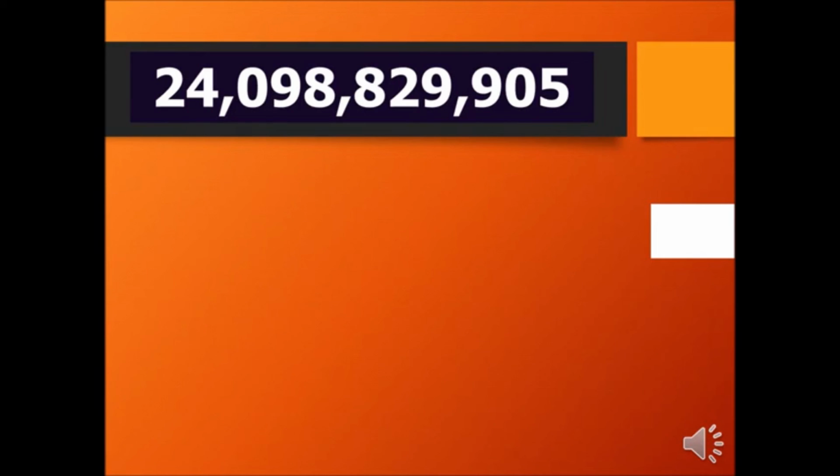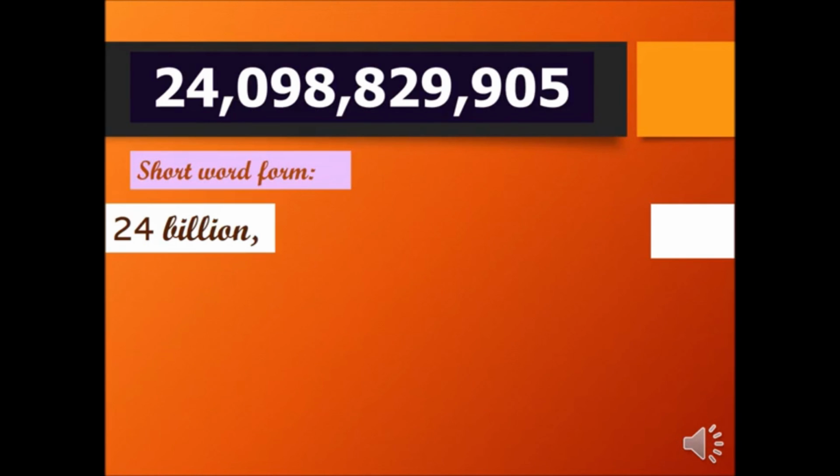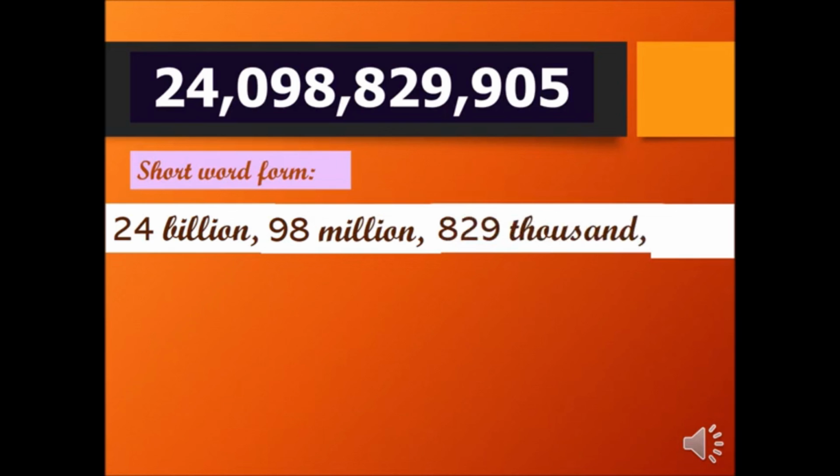Let's try this. Let's read the number first before we write the number in short word form and in standard word form. How do we read it again? That is 24,098,829,905. Let's write it in short word form. Just write 24, write the billion's name, 98, write the million period's name, 829, the period's name, and 905.